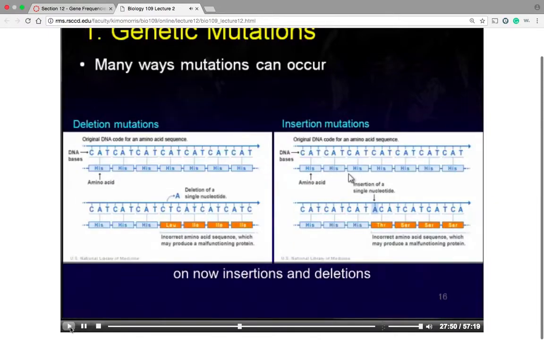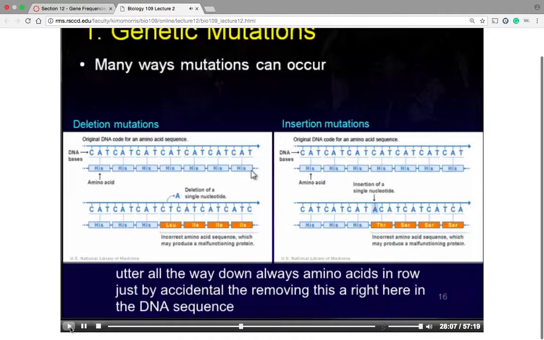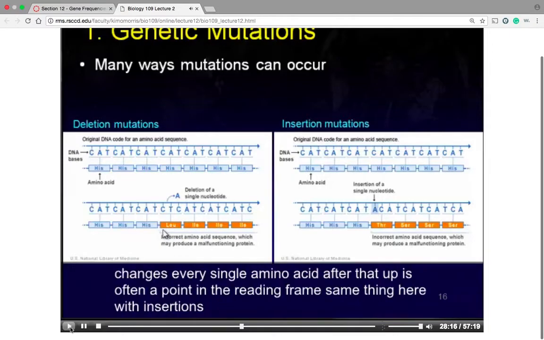Now, insertions and deletions. By simply inserting or deleting a nucleic acid in one place, it changes or shifts the entire reading frame. So in this case, where the reading frame would normally read histamine, histamine, histamine, etc., all the way down, all these amino acids in a row, just by accidentally removing this A right here in the DNA sequence, it changes every single amino acid after that point in the reading frame.